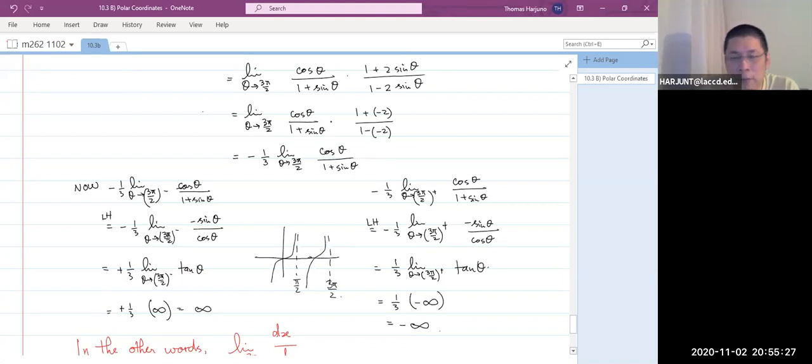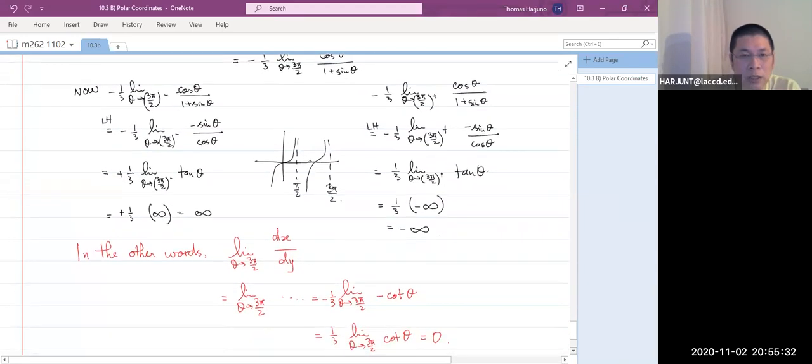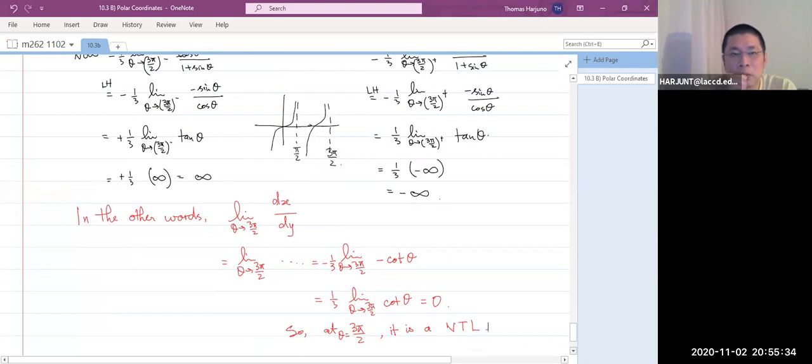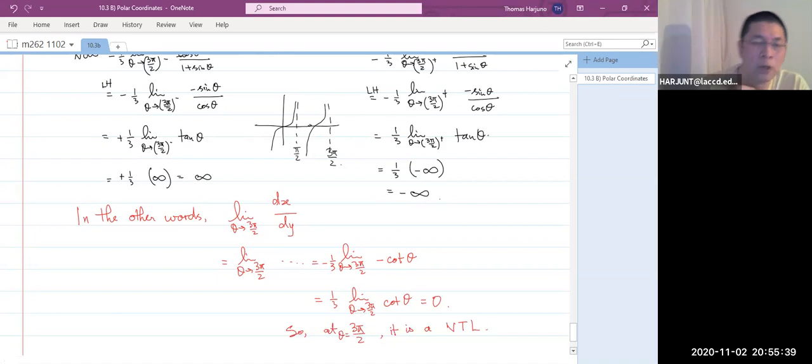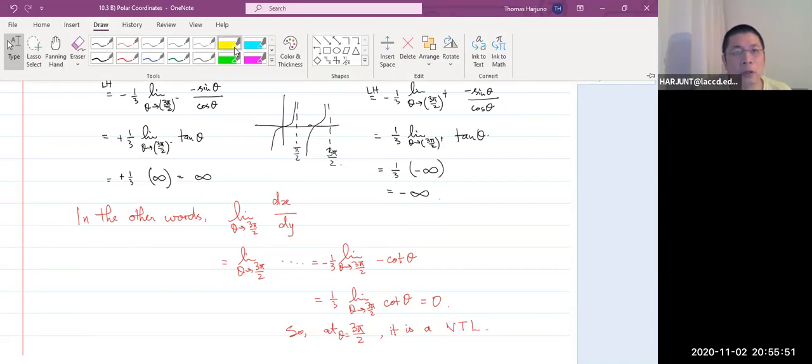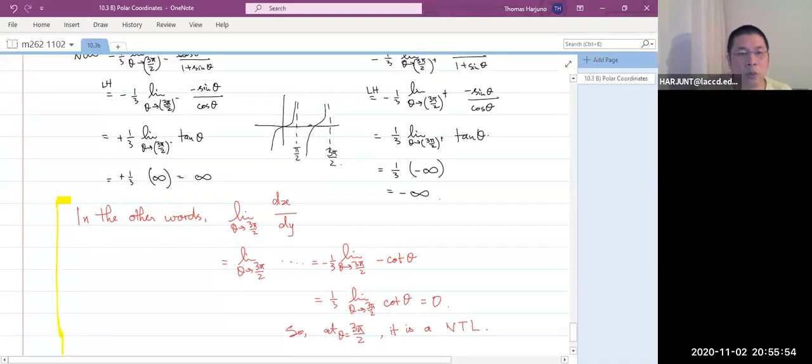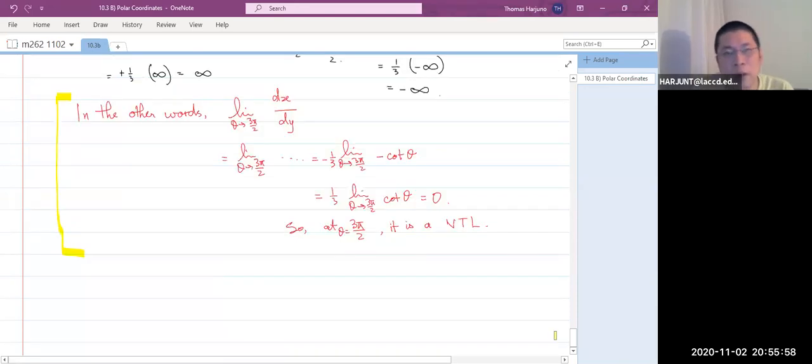Now, if I see this kind of case, rather than look at dy dx, I take a look at dx dy instead. Basically you do the reciprocal, and the reciprocal of infinity is 0. The reciprocal of negative infinity, as you will see, also equals 0. So instead of going through the one I did in black color, you may consider doing the one with red color. But that's if on your scratch paper you find out that you get infinity and negative infinity.